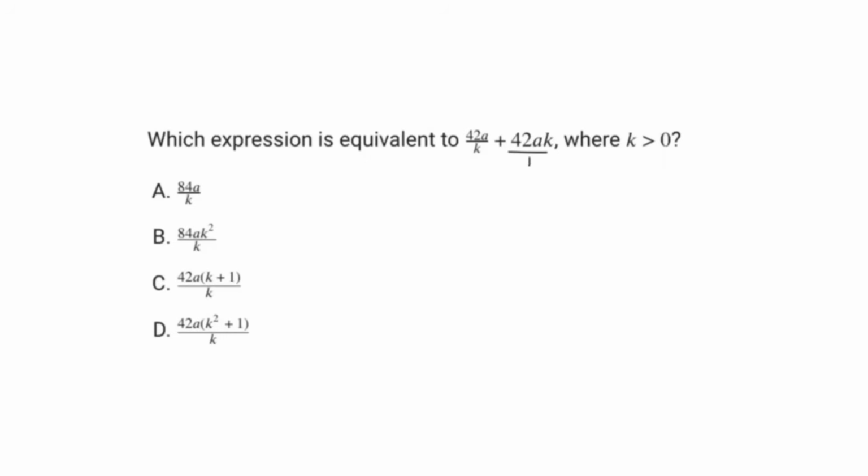And now what we can do is actually find the common denominator here. And the common denominator is very simple for this problem. It's just k. So this right here just stays as 42a over k because it already had k in it. And we want to add, and we're going to multiply this 1 by k, so we're multiplying both the numerator and denominator by k.